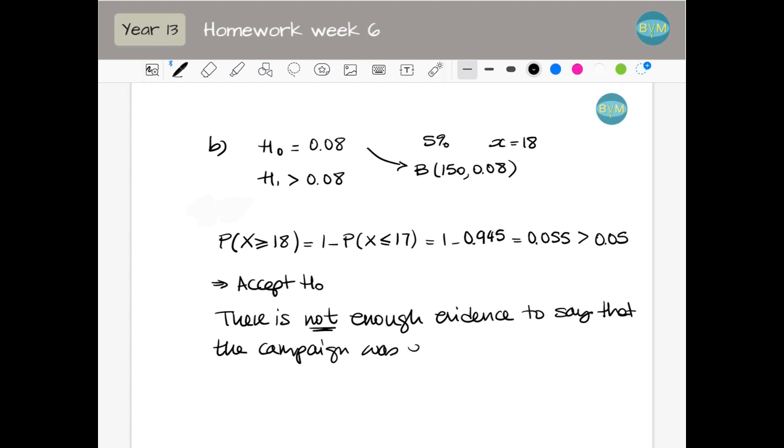It's not enough. We will need more people going to the cafe to be sure that this was effective.